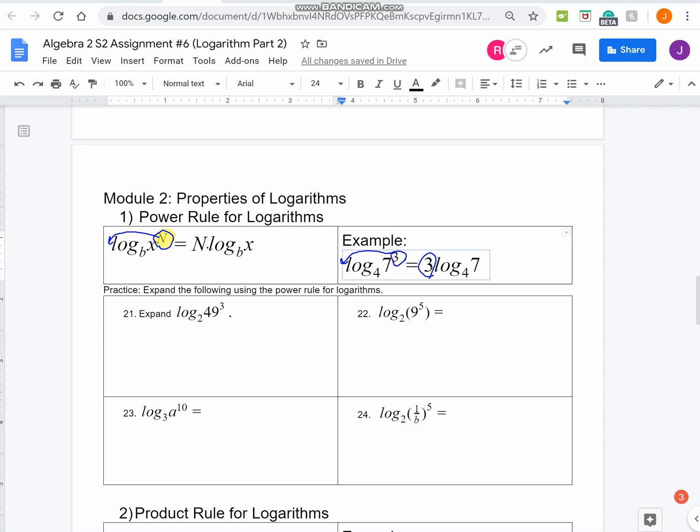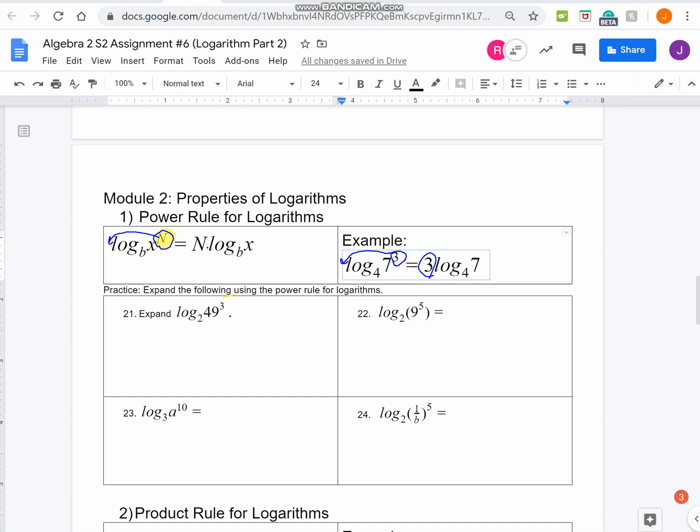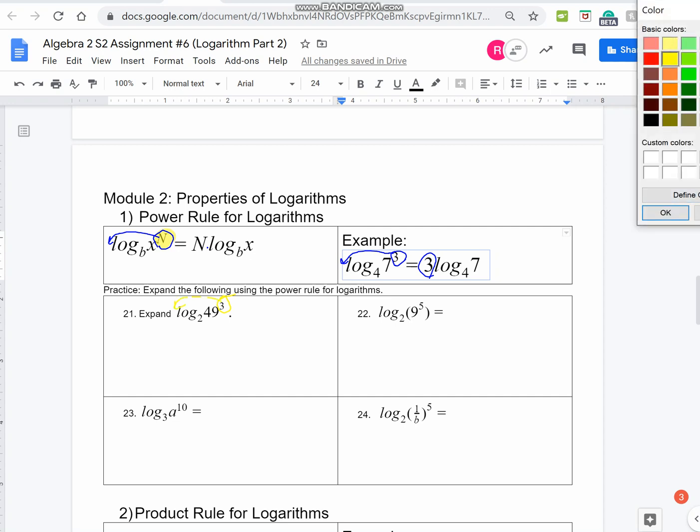All right, so let's try number 21 together. Expand log base 2 of 49 to the third power. Using this power rule, what we can do is bring this 3 to the front. So what we're going to do is put what in the front? Put 3 in the front, right?